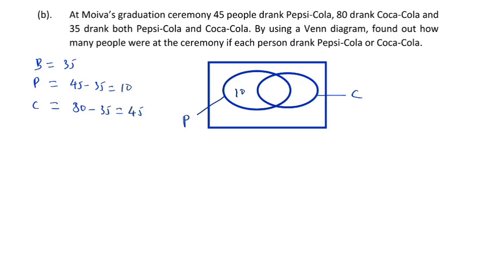Those who drink both are 35. Those who drink Coca-Cola only are 45. Okay, so the total number of people is going to be 10 plus 35 plus 45, which after summing the values, we are going to have 90 people. So this is the total number of people.